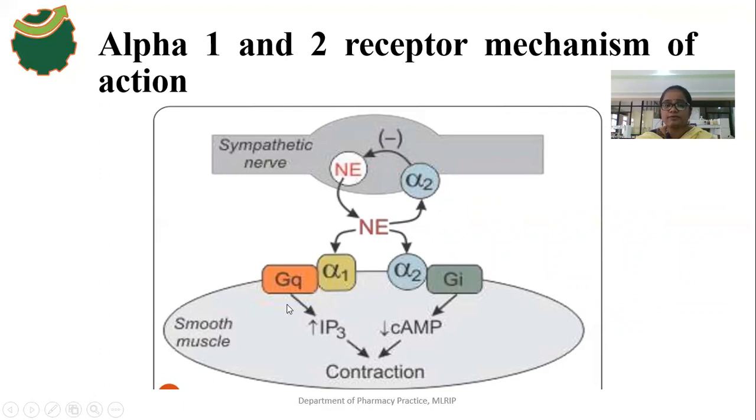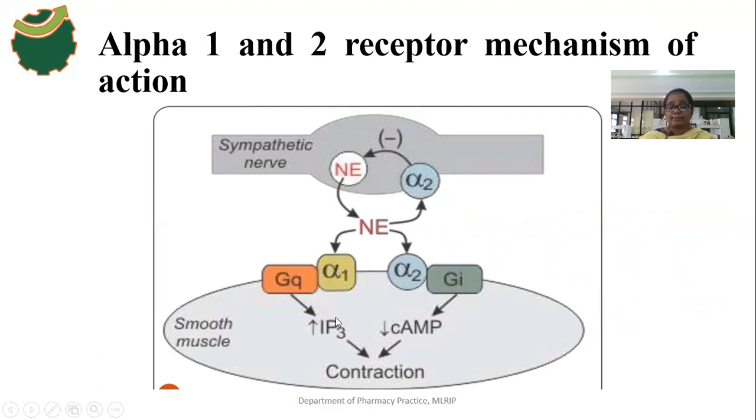The phospholipase C enzyme is required for the conversion of PIP2 to IP3. What is PIP2? That is phosphatidyl inositol bisphosphate, called PIP2. So upon the activation of GQ protein, there is an activation of phospholipase C, and that enzyme is required for the conversion of PIP2 to IP3.